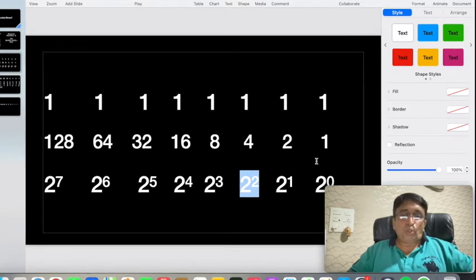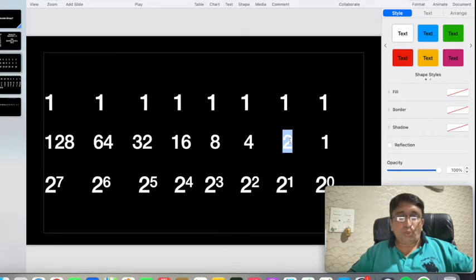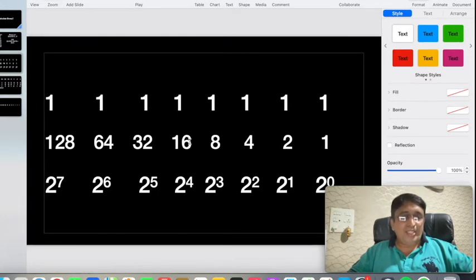And if you find out those values, anything raised to 0 is 1, so the first position has the value of 1. The second position of the bit has the value of 2 raised to 1, that is 2. Next is 2 raised to 2, that is 4. Next is 2 raised to 3, that is 8. Next is 2 raised to 4, that is 16, then 32, 64, 128. So I have created a chart over here.